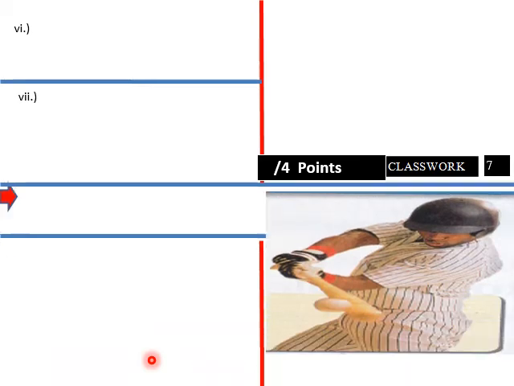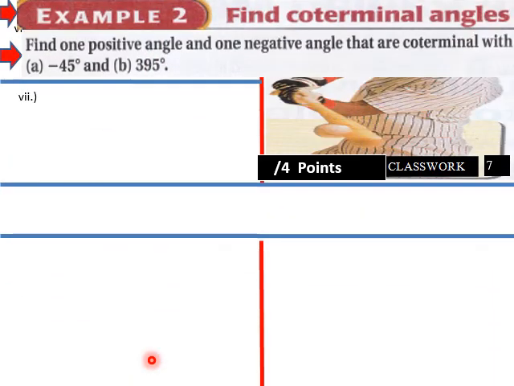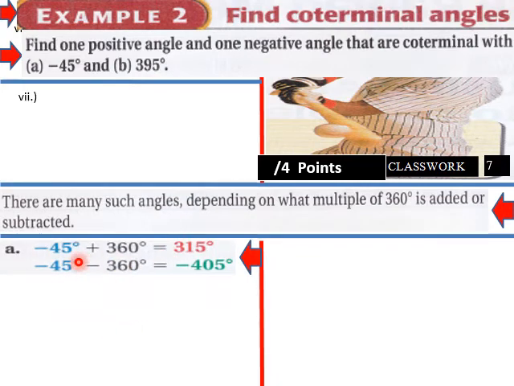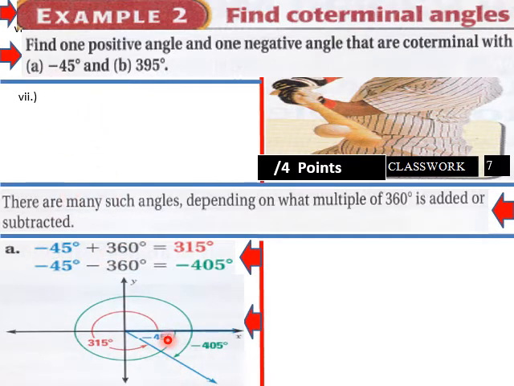So, for example 2, find one positive angle and one negative angle that are coterminal with negative 45 and positive 395. So for negative 45, 315 would be coterminal, and then negative 405. You just add or subtract 360 from negative 45. And then this would be the diagram for that.